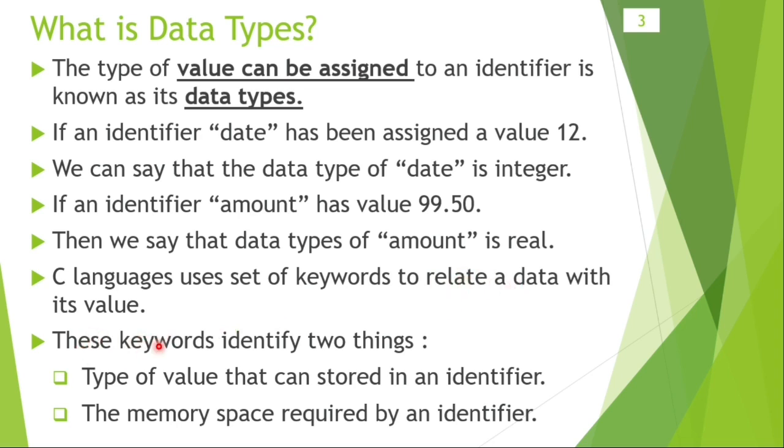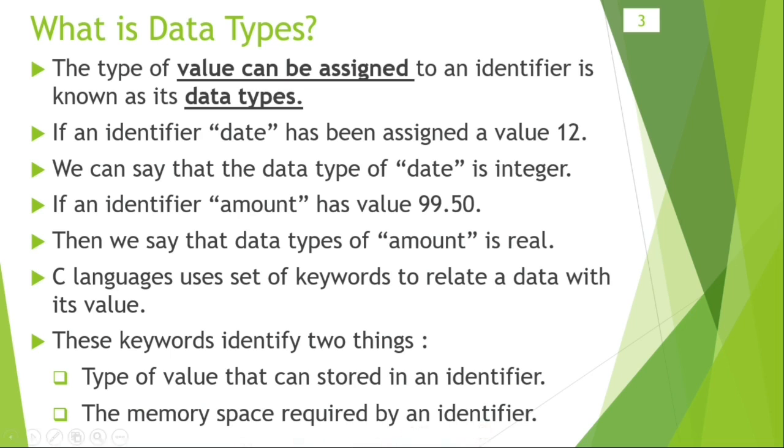These keywords identify two things. First, the type of value. I already defined here that date is an integer only, so that can be stored in an identifier. Second, the memory space required by an identifier.